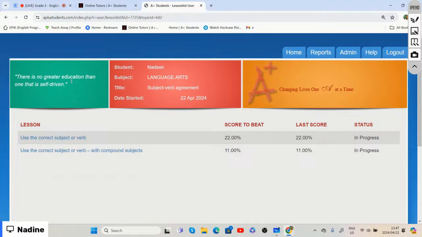But if we have a plural subject, which refers to more than one person, animal, place, or thing, then it needs to agree with our verb that does not end with an s, es, or ies, right?